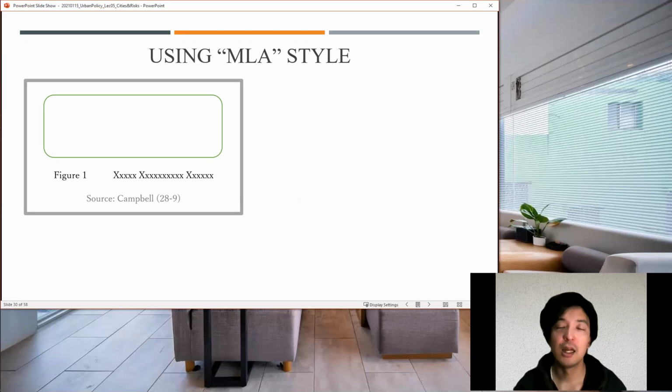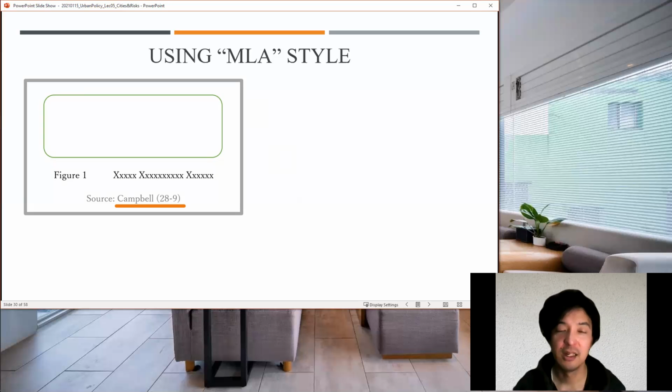Suppose you wrote a paper and you showed figure 1 in this way. And where does this figure 1 come from? This we need to explain in this part. Here, it is written Campbell, page 28 to 29.